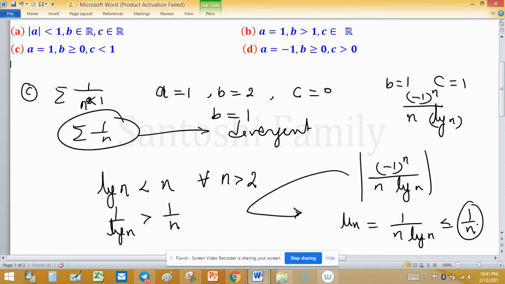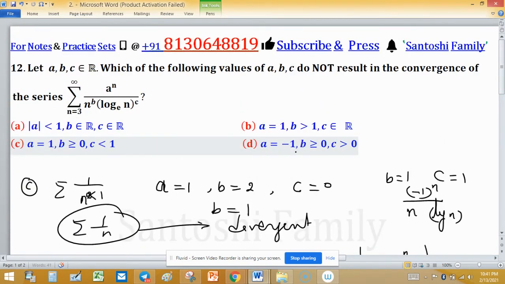So you can take n square, and this is convergent. By comparison test, it will be convergent. So option D is also convergent. So only option C is the right one.